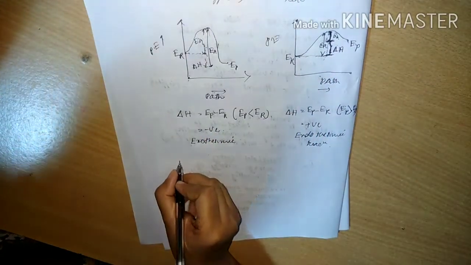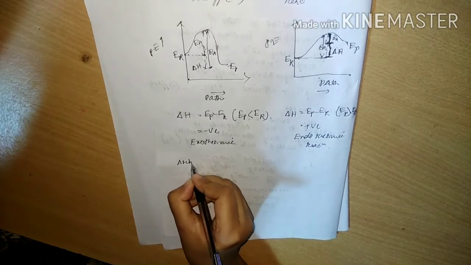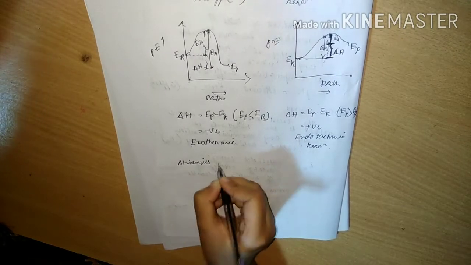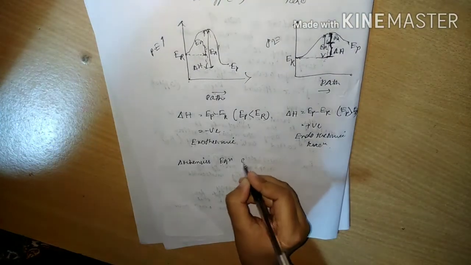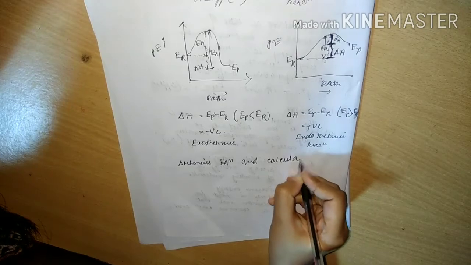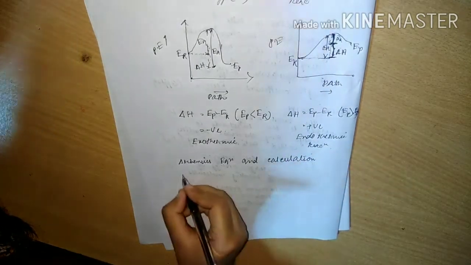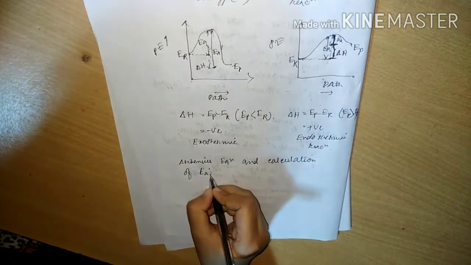Now next my topic is the Arrhenius equation and calculation of activation energy. We can represent activation energy as EA.